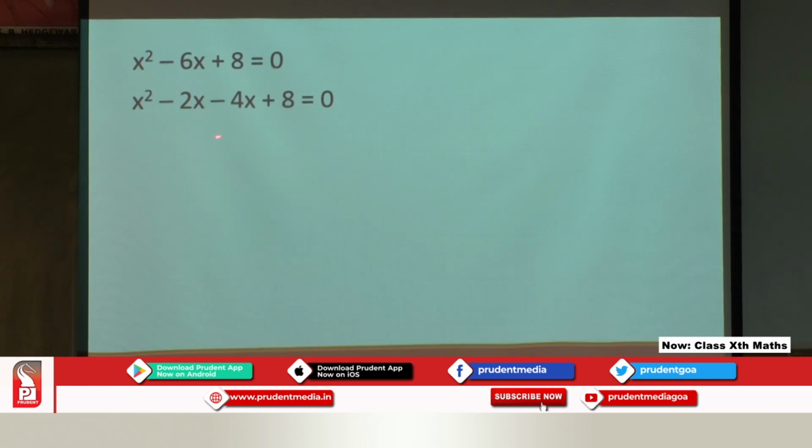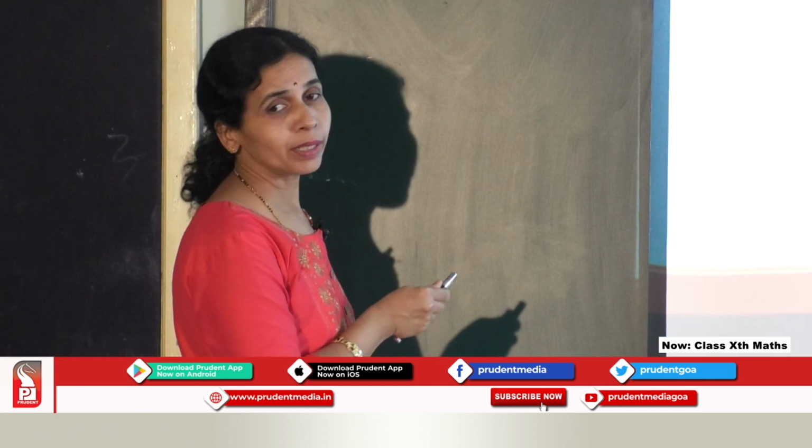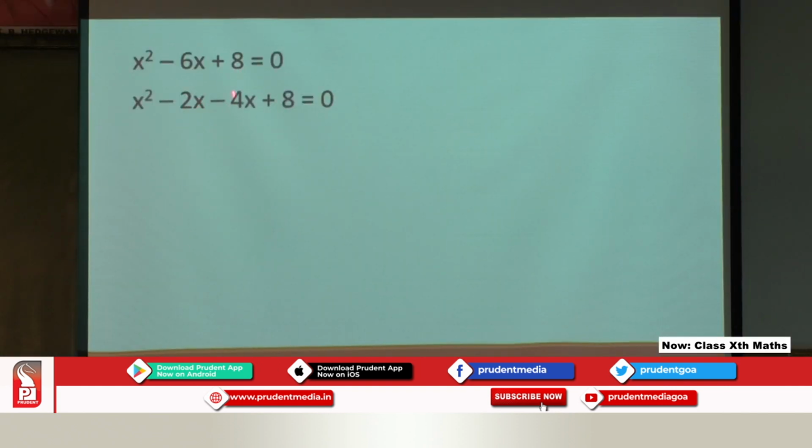Minus and minus add, so 4 plus 2 is 6x, negative sign. Multiply these two terms: minus into minus is plus, 4 2s are 8x square. The last term, plus 8, I wrote as usual, equal to 0.